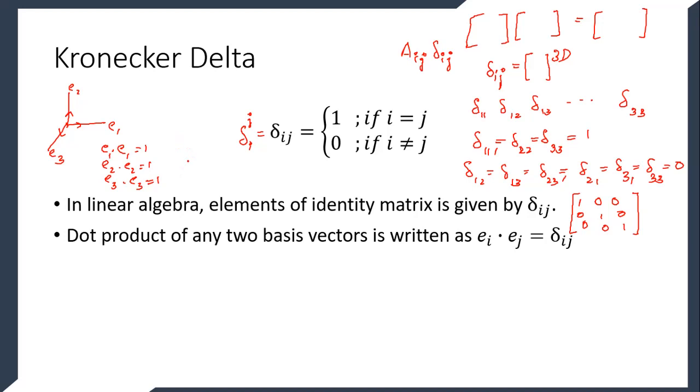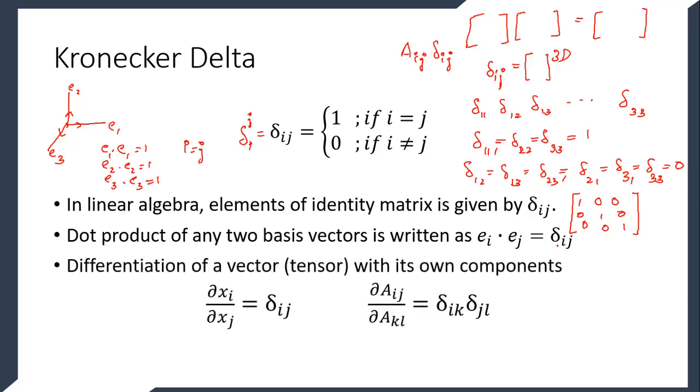Whereas all other combinations, such as E1 with E2, E1 with E3, E2 with E3, E2 with E1, E3 with E1 and E3 with E2, will give you 0. Therefore, here we have three different terms, and this is 1 only if both i and j are equal. Therefore, the product of two basis vectors can also be denoted using the delta ij symbol.